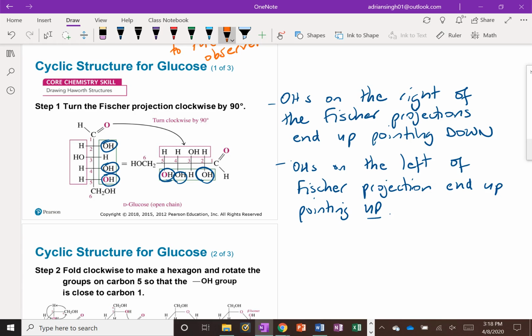So the OH here that was on carbon 3, if we take this open chain and tilt it to the right, ends up pointing up.